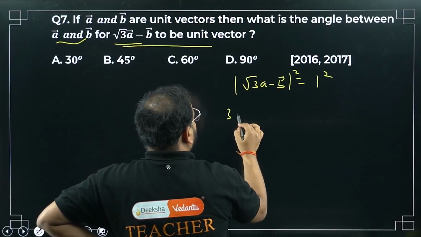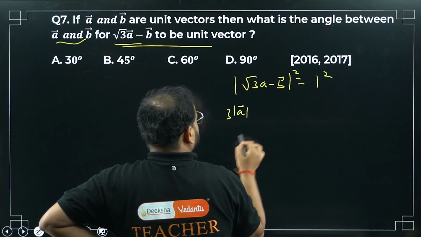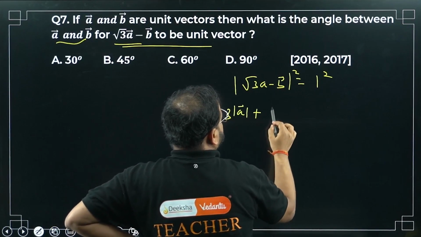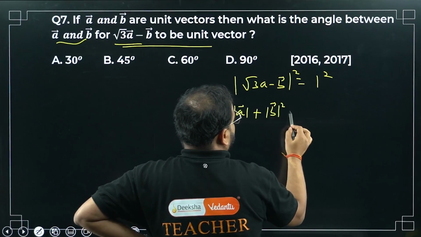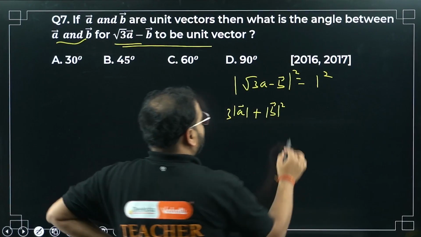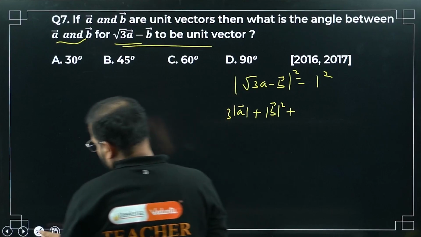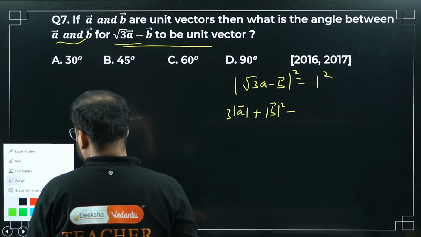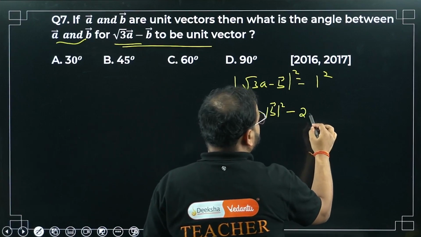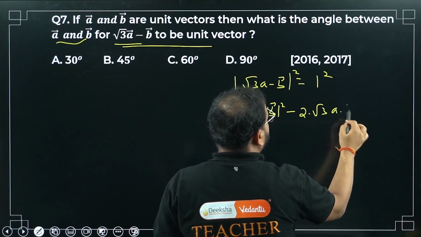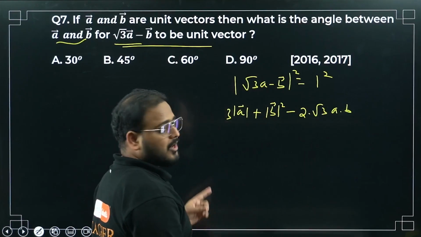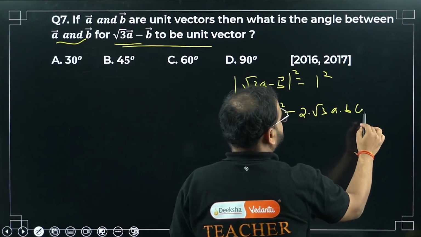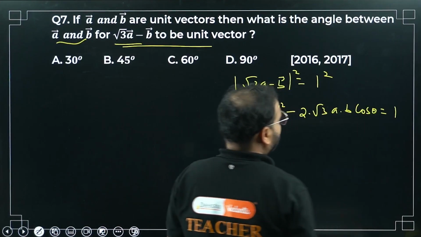What are you going to get? You're going to get 3 times mod a square plus vector b square. Plus, okay, minus sign. A minus b the whole square, so there's a minus sign. Minus 2 times root 3 a b cos theta equals 1 square, which is simply 1.